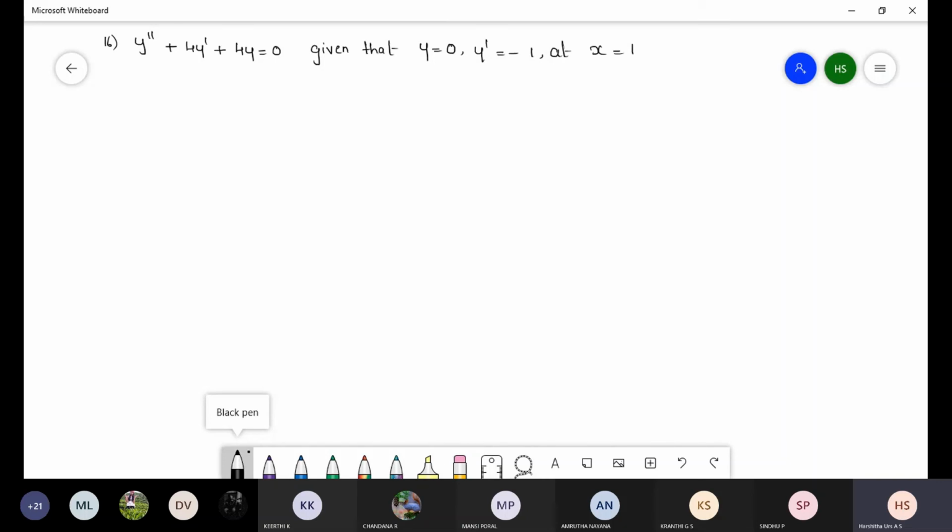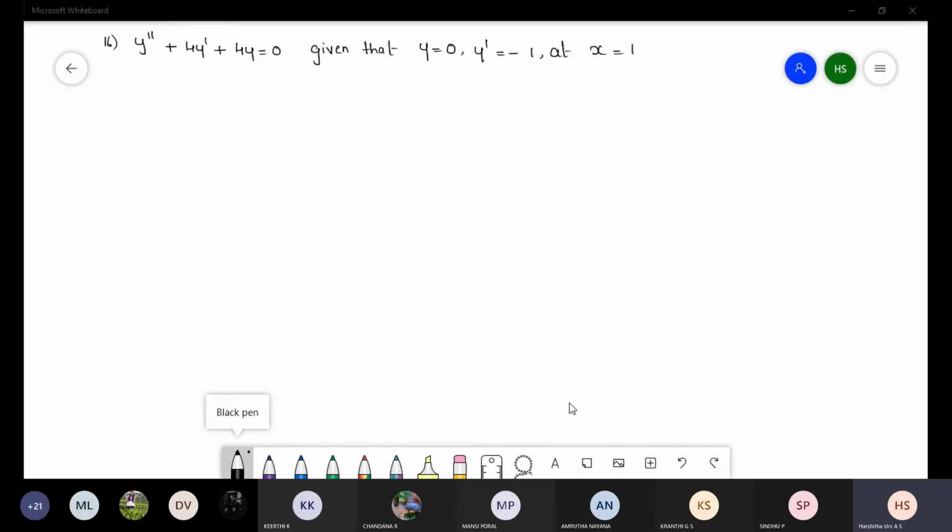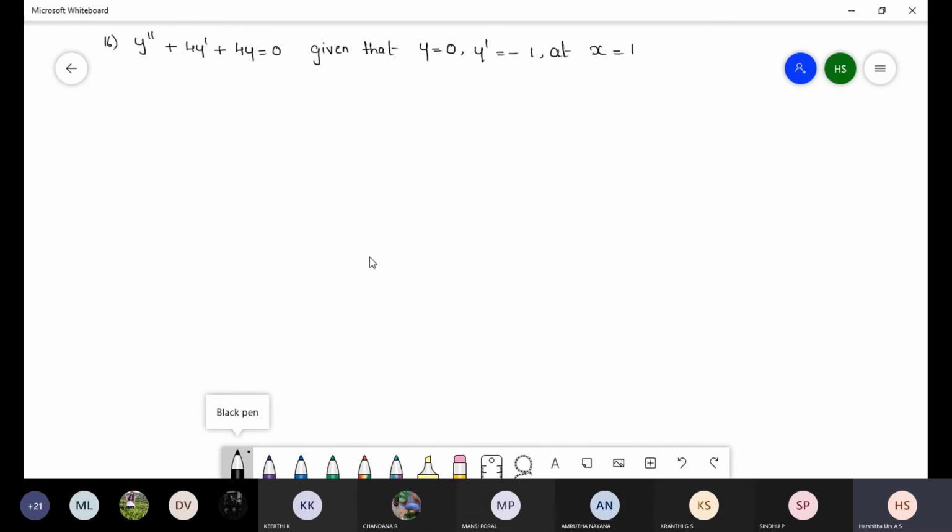First, we write it in terms of the differential operator: D square plus 4D plus 4 whole into y is equal to 0, where capital D is equal to d by dx.